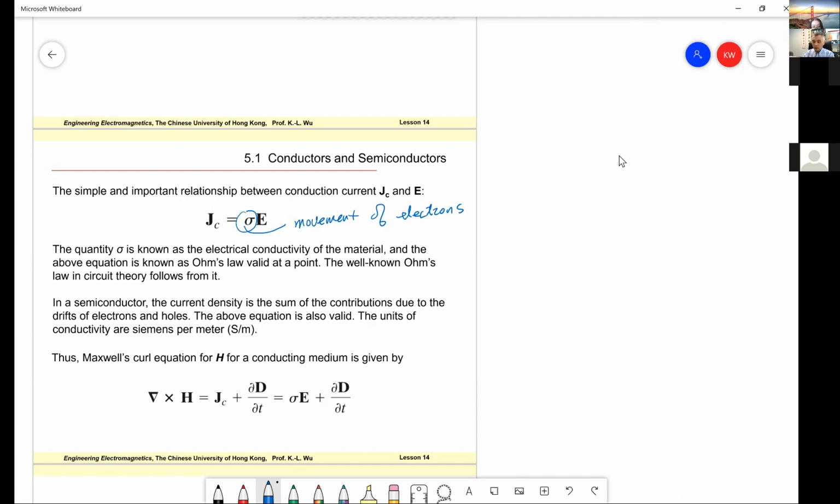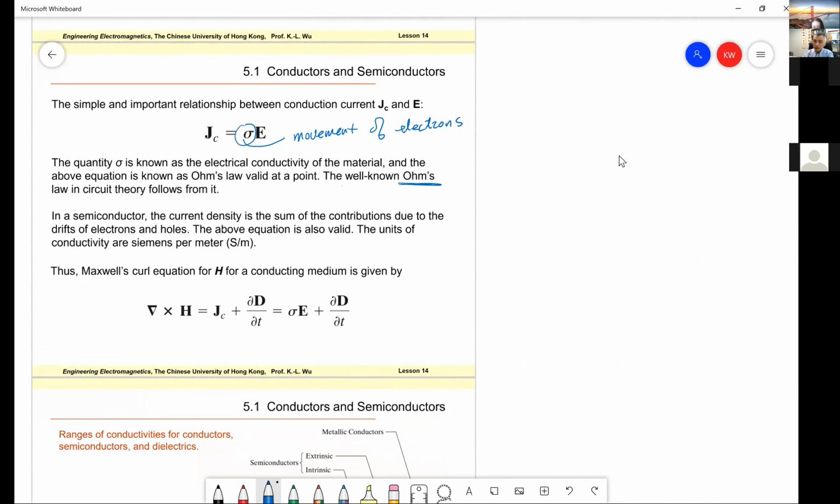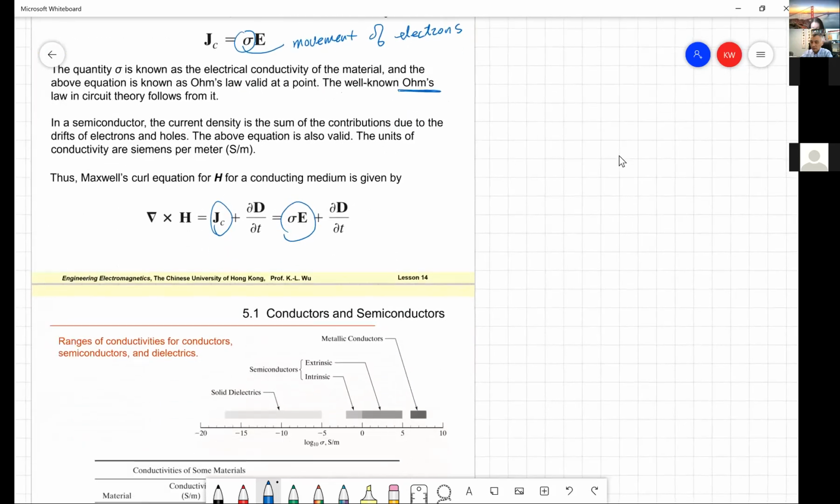Then this we call Ohm's law, at any point in space. With this constitutive relation between E and the current, we can express the current, which we call the conduction current, by this law.